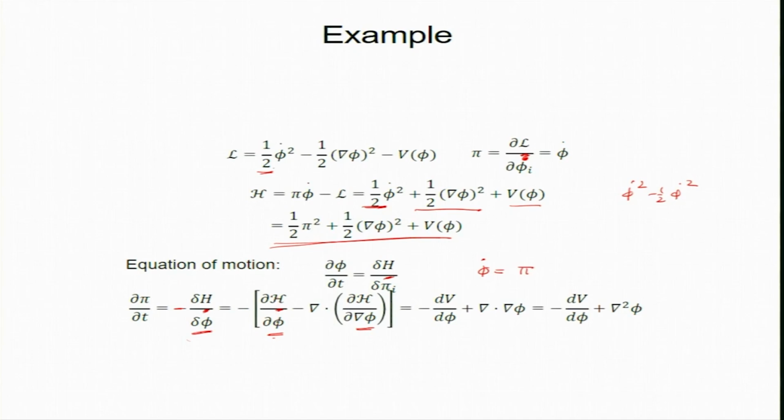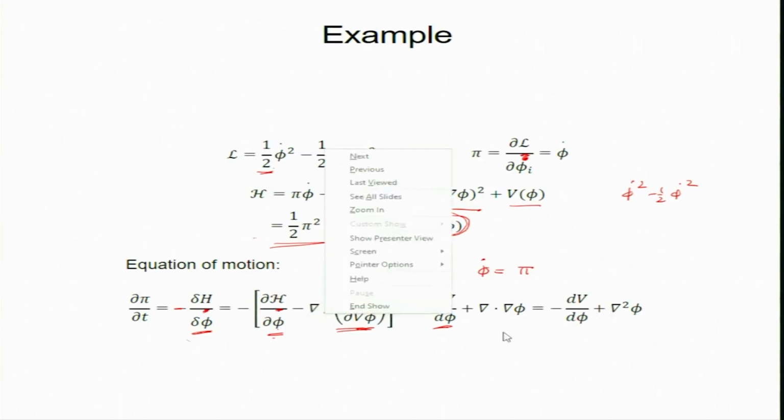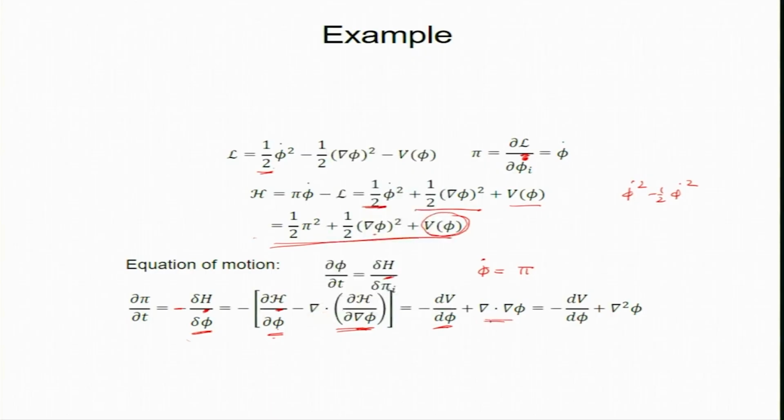So I get partial H partial phi minus the divergence of partial H partial grad phi. This will come from the Hamiltonian: the dependence on phi gives V prime of phi, and partial H partial grad phi gives grad phi, and the divergence of a gradient is the Laplacian.